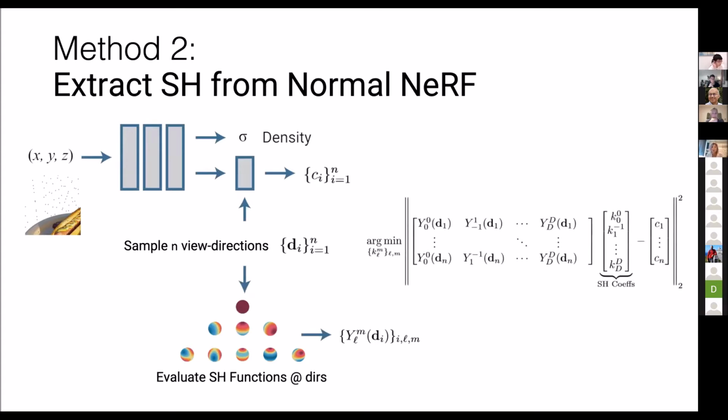You can also do Monte Carlo integration, but we have this implemented, and so you can just take your network and then do this. And obviously, the quality depends on the number of samples that you take. But even in a minute or so, you can get a reasonable one if you just want to do visual debugging. So you can always project your normal NeRF into this space using spherical harmonics.